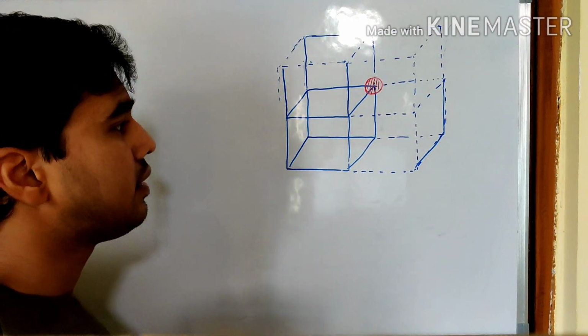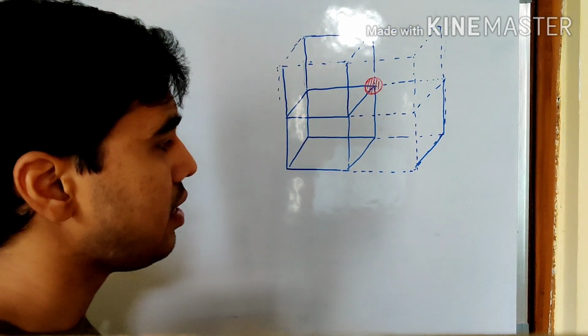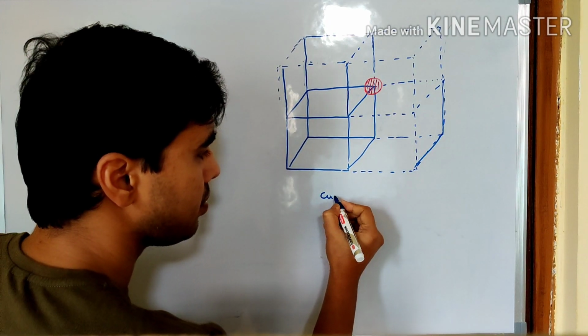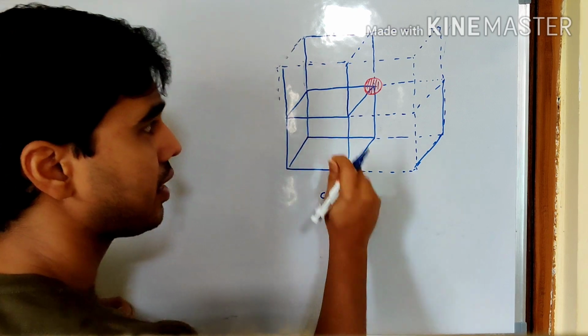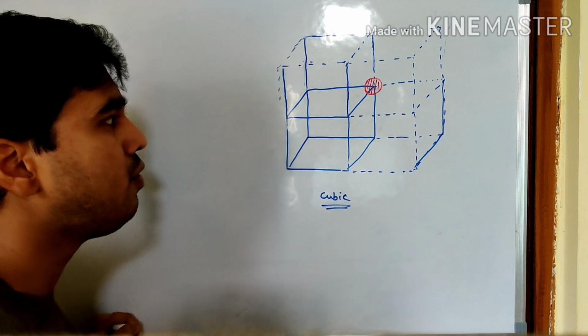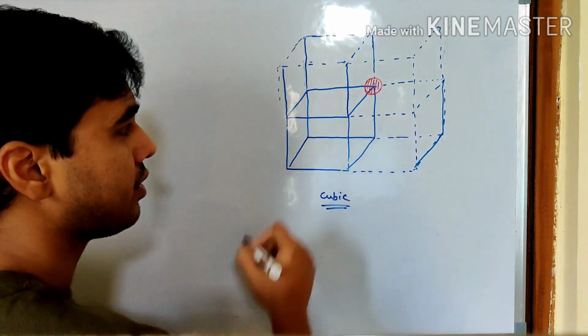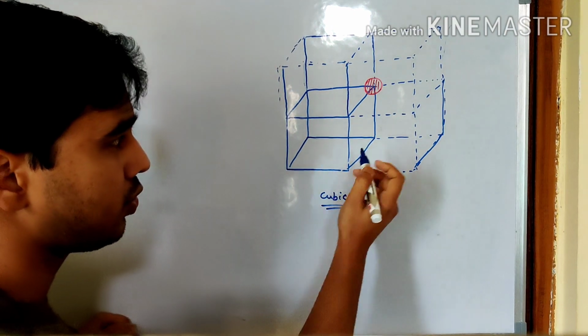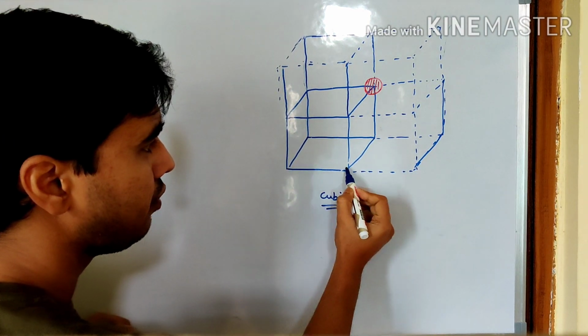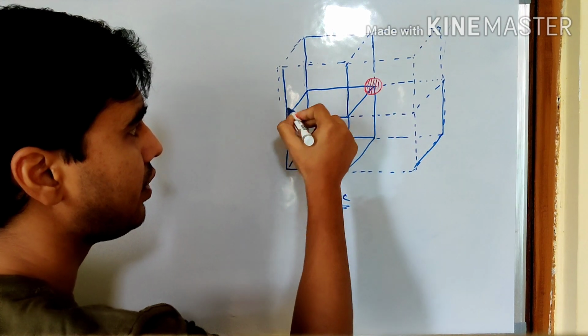To understand number of atoms in a unit cell, let us take a simple cubic unit cell as I have drawn. We know that at every corner there are atoms. So 1, 2, 3, 4, 5, 6, 7, 8.